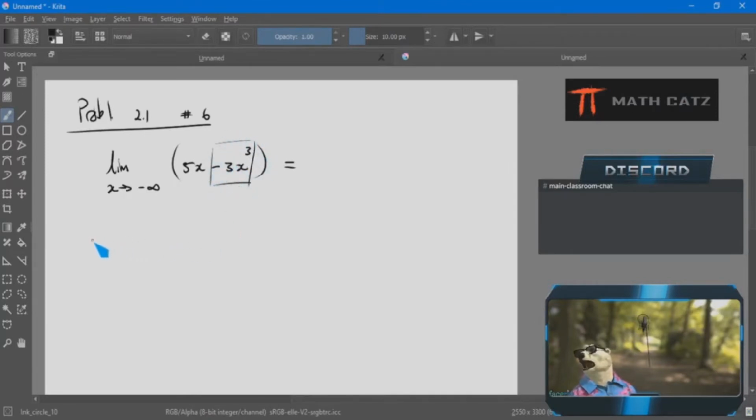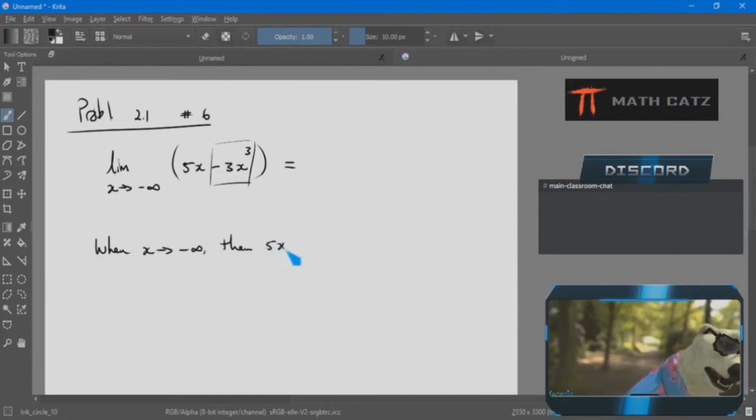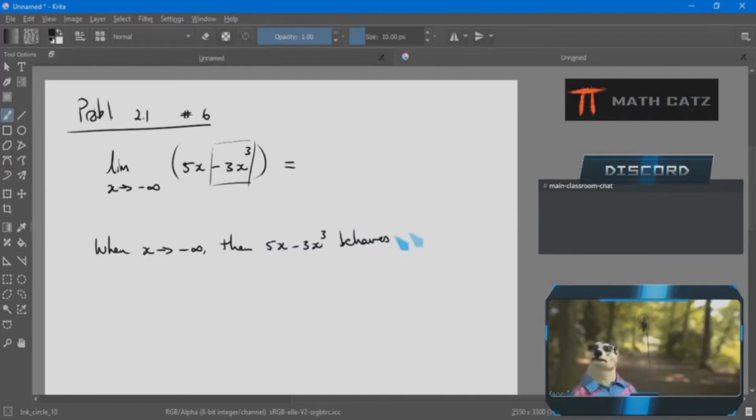We can actually say, if you want to link it to how we said it before, when x approaches negative infinity, then 5x minus 3x cubed behaves like negative 3x cubed. Now, all we're doing is rewriting this sentence.